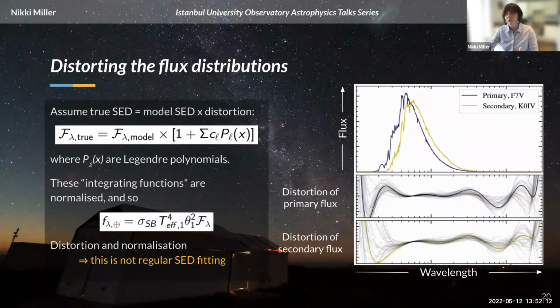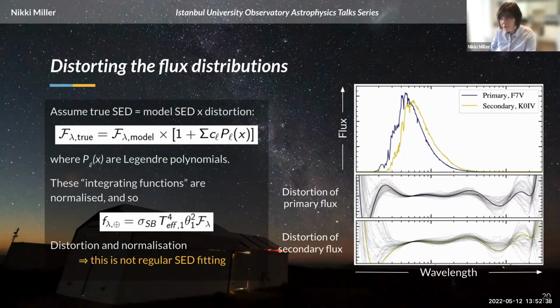So to remove this model dependence, what we do is we assume that the true SED is constructed of this model multiplied by some distortion. We use Legendre polynomials, and we use them to distort the models to fit the photometry data. And we normalize them as well.